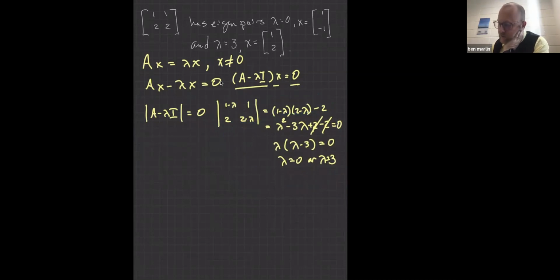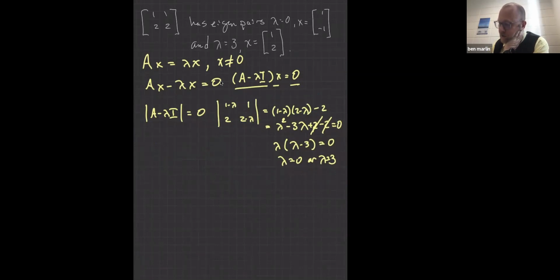So the thing you're going to have to do is to actually write your A minus lambda I and multiply it by the x vector. So let's go ahead and do that.